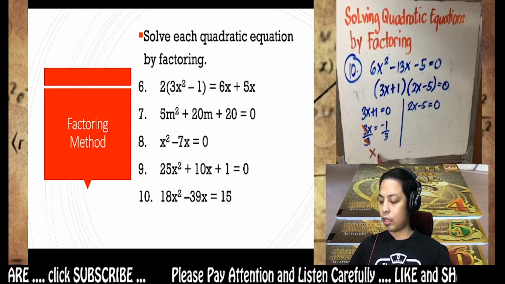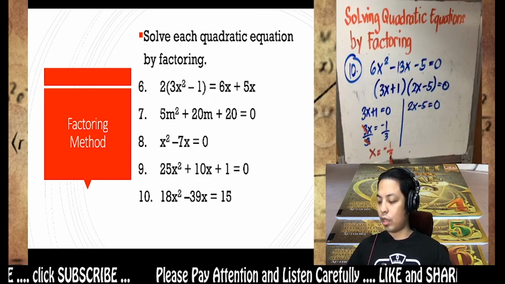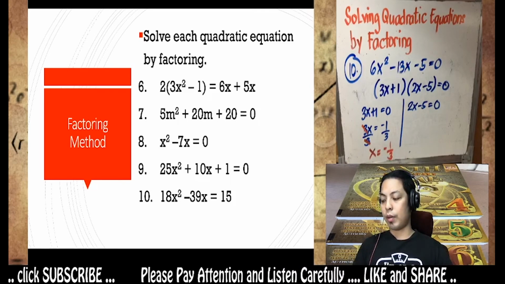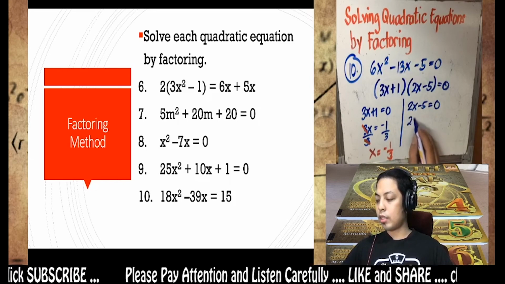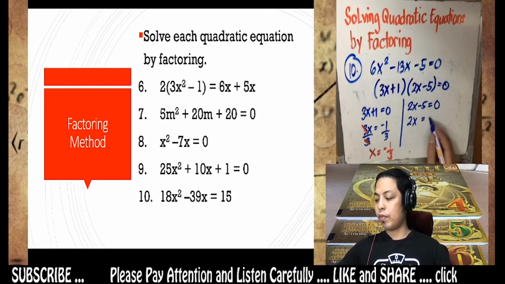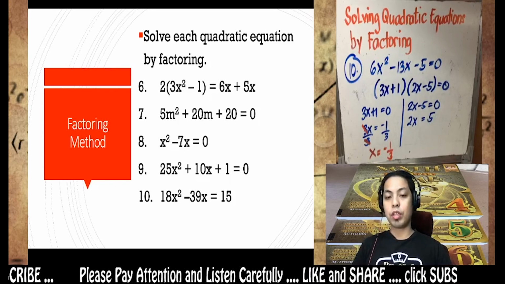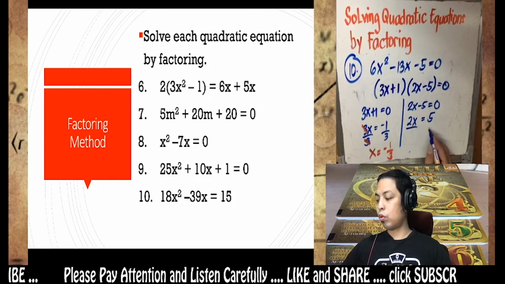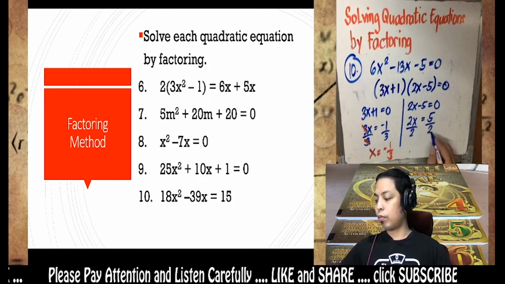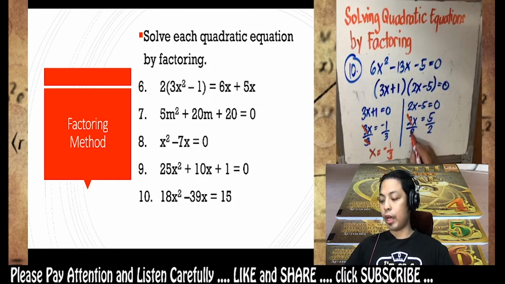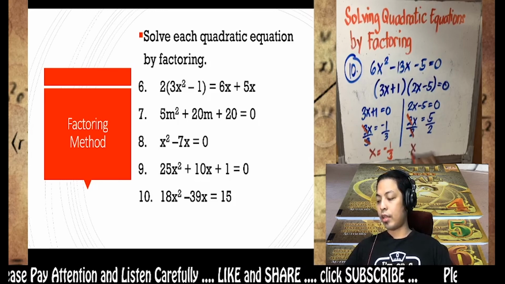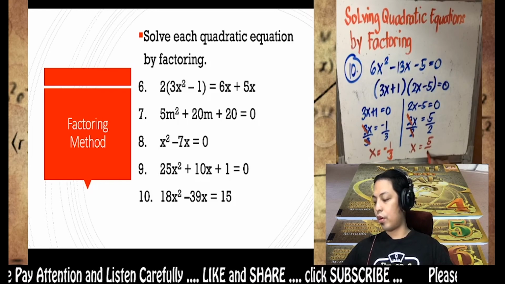So, x is equal to negative 1/3. Sa kabila naman, 2x, lipat sa kabila si negative 5, magiging positive 5. And then, divide both sides by 2. 2 here would be cancelled. Then, we have x is equal to 5 over 2.